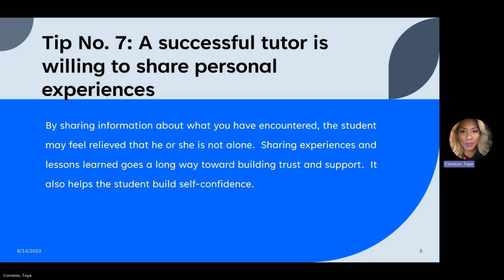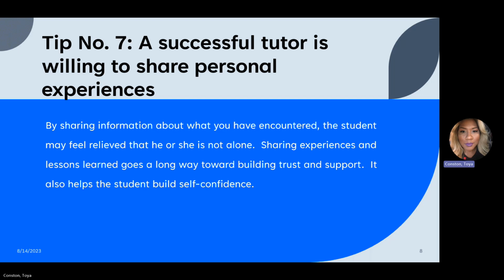These are the types of experiences, academic experiences, that are worth sharing with your student learner so that one, you help to build that trust and support. Two, they help to feel relieved that he or she is not alone, that somebody else has experienced this, and so that this may be a normal occurrence.